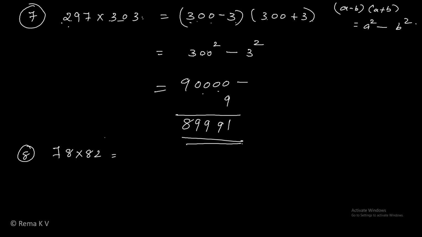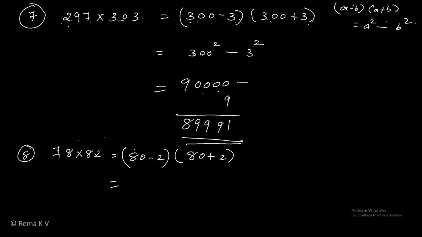Here we wrote 297 as 300 minus 3 and 303 as 300 plus 3. You can write this as 80 minus 2 into, in between these two, a multiple of 10, which is 80. 80 minus 2 is 78, then 80 plus 2 is 82.